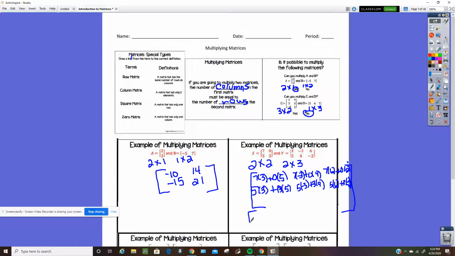So this is a little bit messy if I just write it all out. So you can do some of this in your head. In other words, multiply and then add these two things. So this is 21 plus 0, which is 21. And then -21 plus 0 would be -21. And then 42 plus 0 is 42.